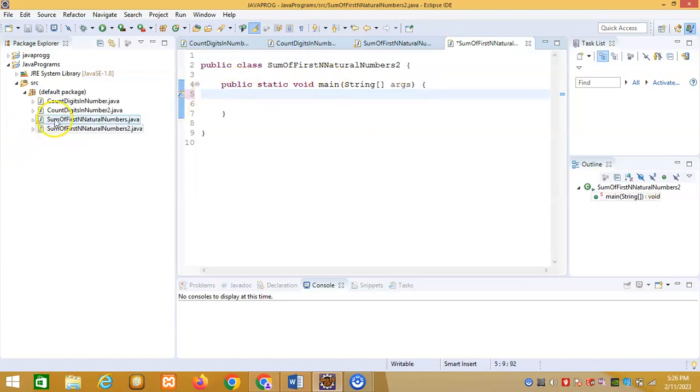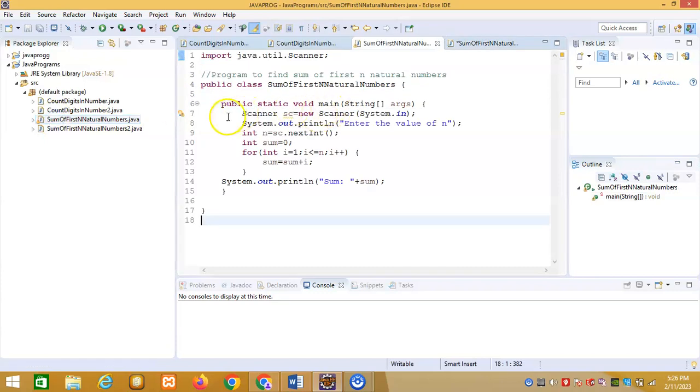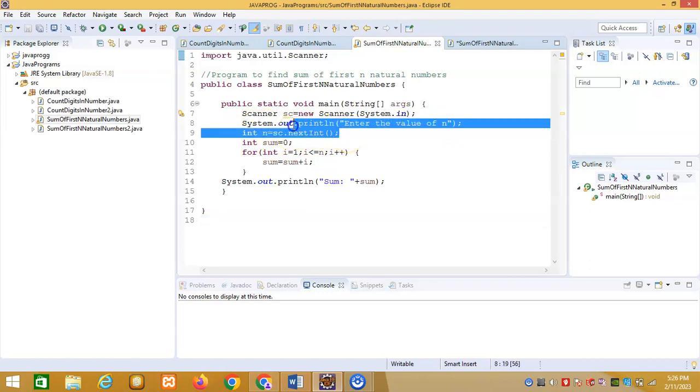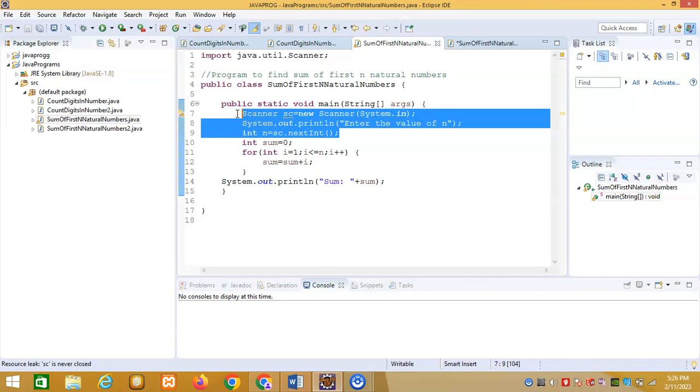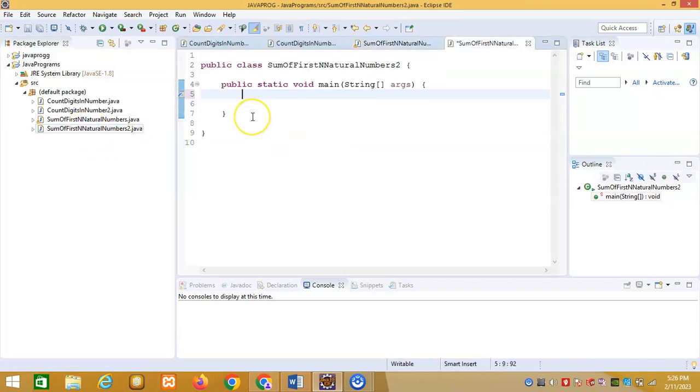We can copy the part that takes the input. This is our Scanner class. We asked the user to enter the value of n, and we took the n value from the user using sc.nextInt. We can copy that.